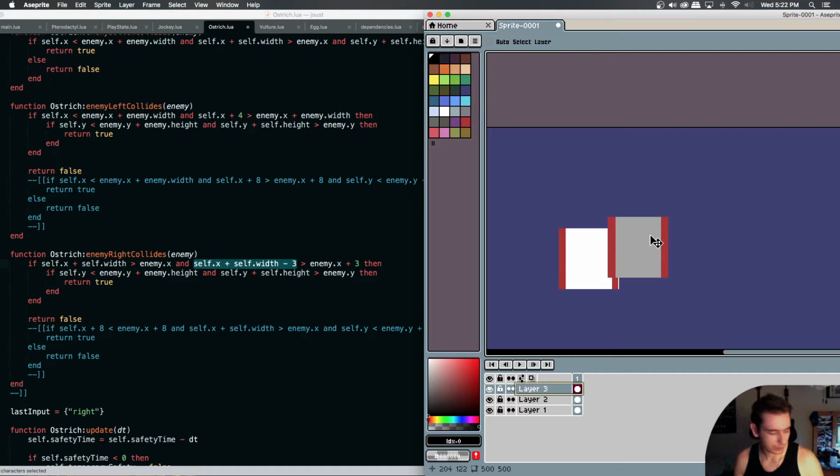I'm so confused. This is why I have to draw it out, because I'm trying to imagine these freaking bounding boxes and then trying to imagine how the collision detection works. Okay.